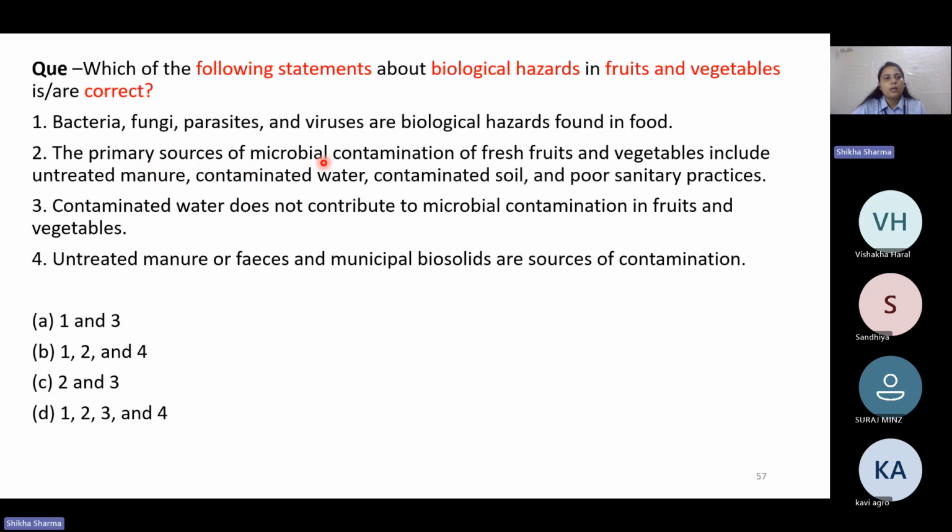Second: the primary sources of microbial contamination of fresh fruits and vegetables include untreated manure, contaminated water, contaminated soil, and poor sanitary practices. Third: contaminated water does not contribute to microbial contamination in fruits and vegetables. Fourth: untreated manure or feces, and municipal biosolids are sources of contamination.